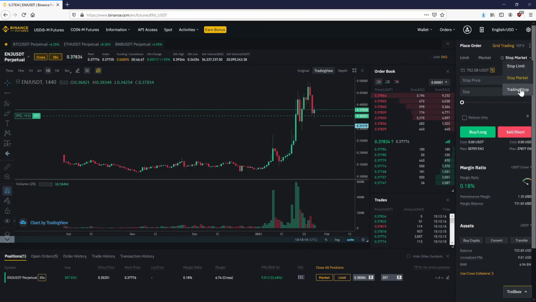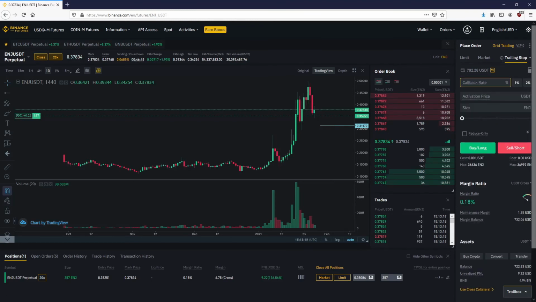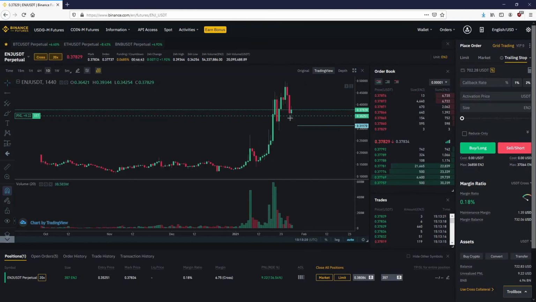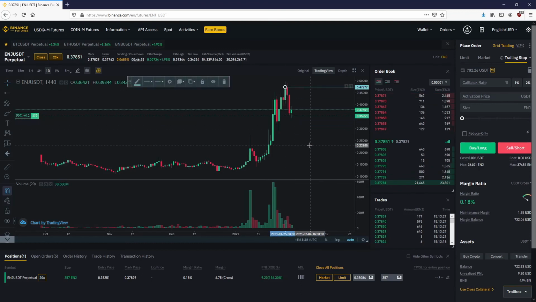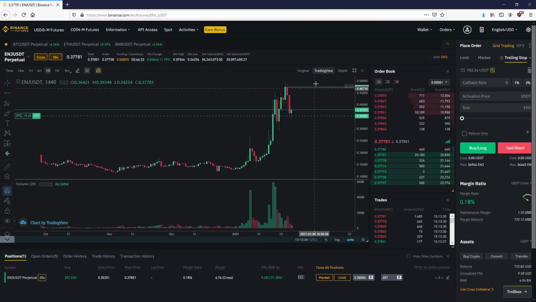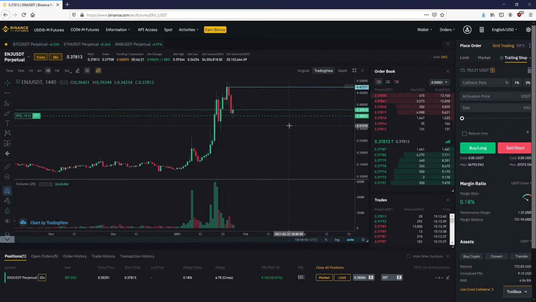And here you have the trailing stop. What this means is callback rate. Assuming you are in profit and you want to sell your trade at this upper point, the moment the price trades into this level, this is the activation price. So this will be your activation price, the level at which you want to take profit. But you do not know if the market will continue more to the upside or it will reverse.